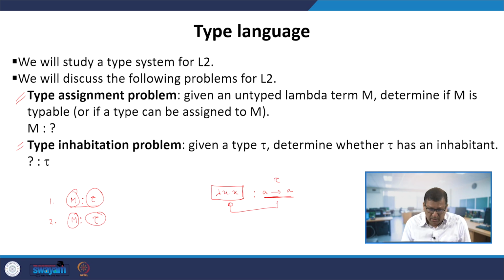When we make the language very expressive, these problems tend to become undecidable. For L2, these problems are decidable, and we are going to show the algorithms or the method for obtaining both from m to tau and tau to m. This is what we are going to study next.